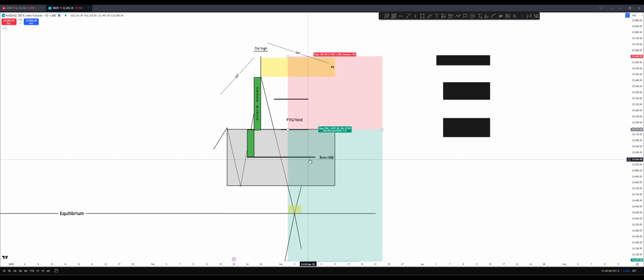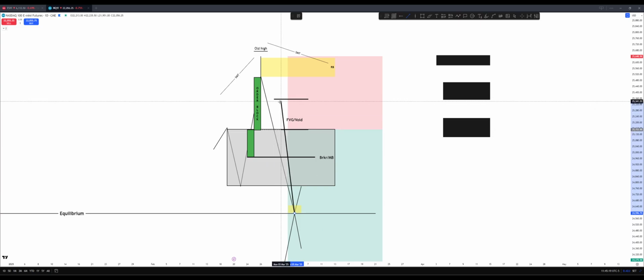All right, so this is what price is going to do. It goes up, goes to the breaker and the mitigation and the order block, and we have some balanced price range right here. We have efficient price, right? We don't have any fair value gap right here. All the wicks are met, everything is balanced, and we have a fair value gap here and the rejection block and the order block.